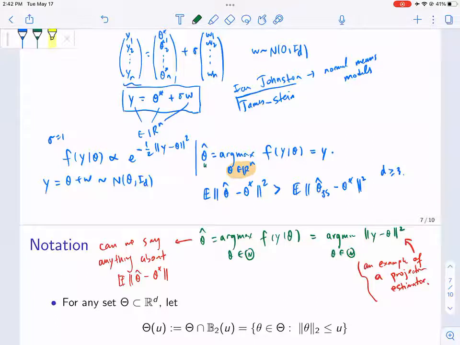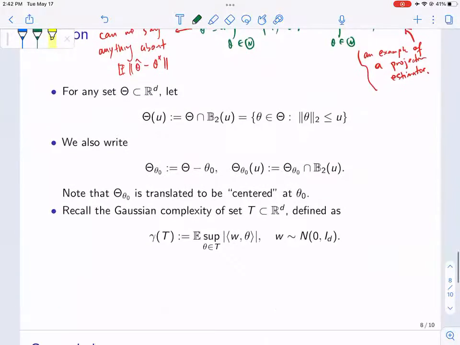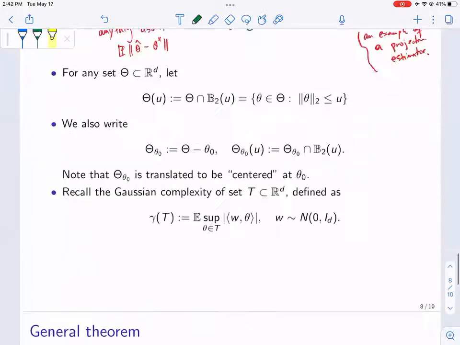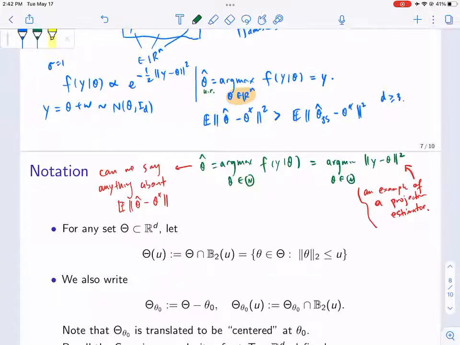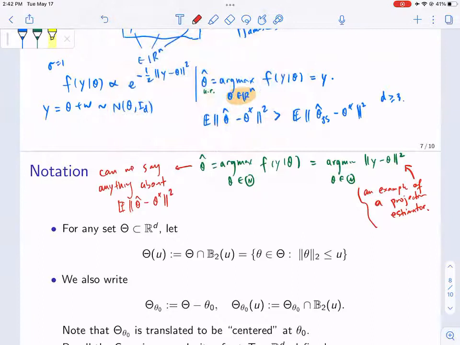I don't have any notation for this. How well does it do? How fast does it go to 0 as a function of n?